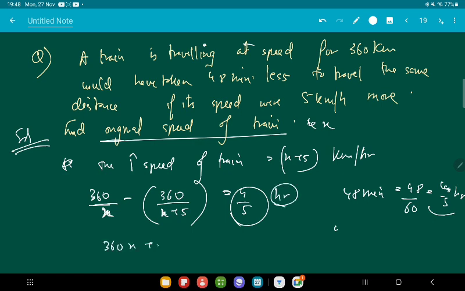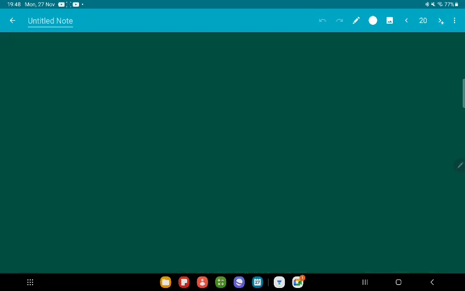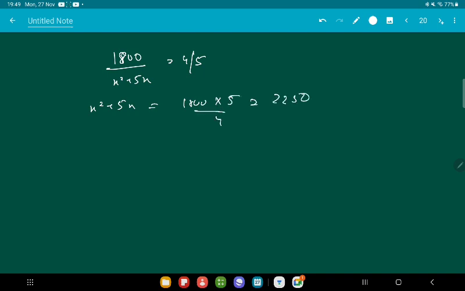Now when you solve it, 360 into 5 gives 1800 by x square plus 5x is equal to 4 by 5. Cross multiply it. Let's see what we are getting: 1800 into 5 by 4, 2250.